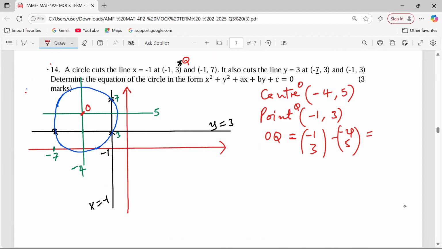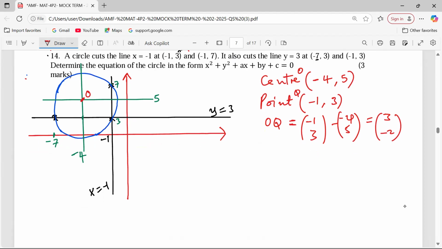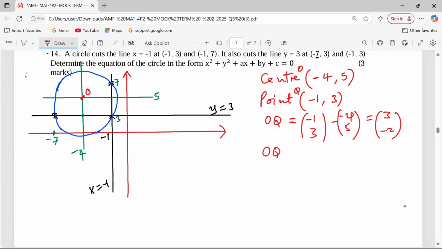So this shall be -1 plus 4, which is 3, and 3 minus 5, which is -2. So the length of OQ, which is our radius, shall be 3 squared plus -2 squared, then we take the square root of 9 plus 4, which is 13. So the radius equals the square root of 13.